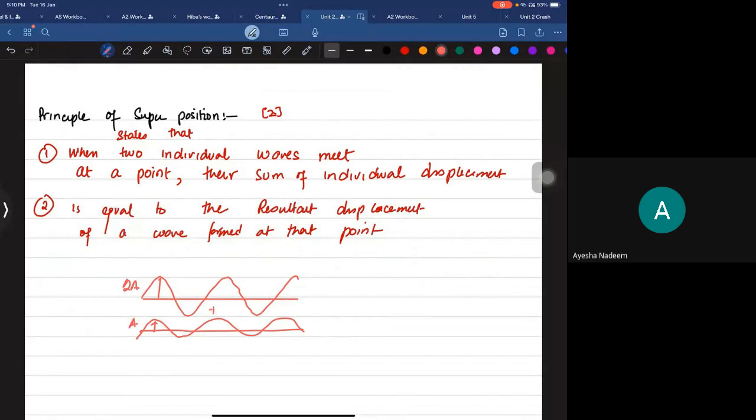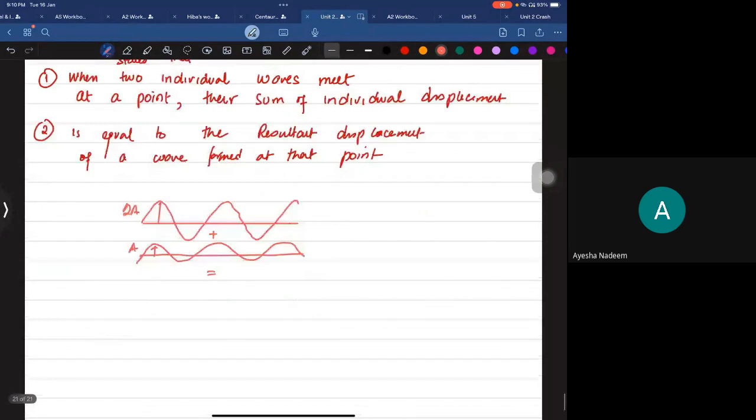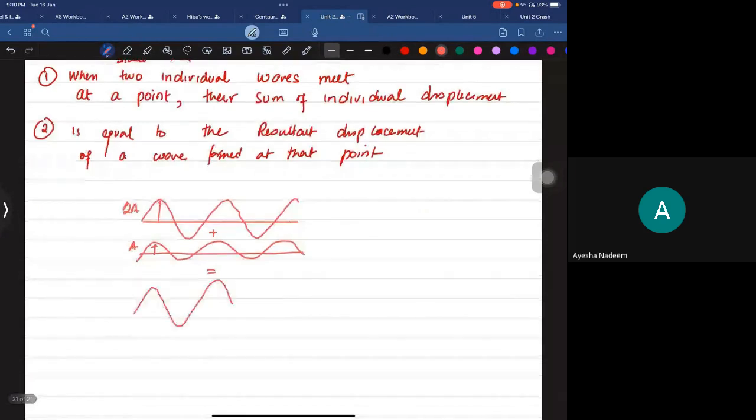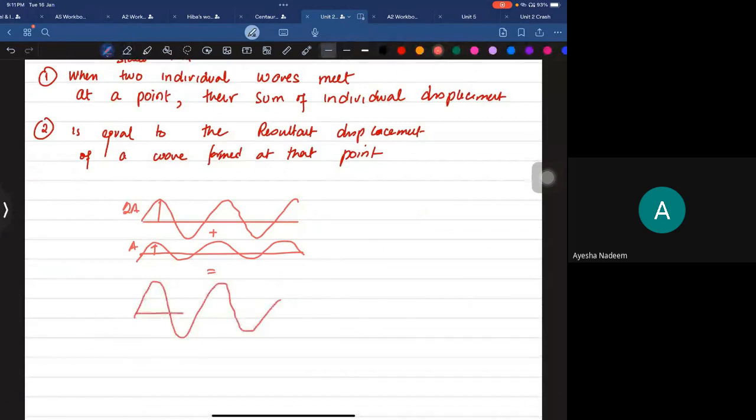So if they meet together at that point, the result will be that they form a bigger wave, and that would be 2a plus a, 3a amplitude. Do you guys understand that? Yes, sir.